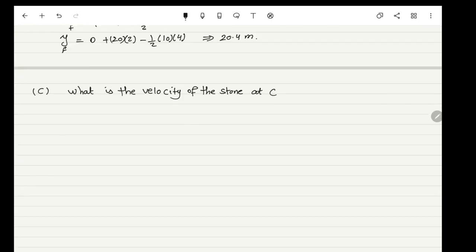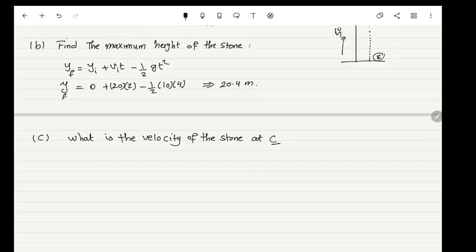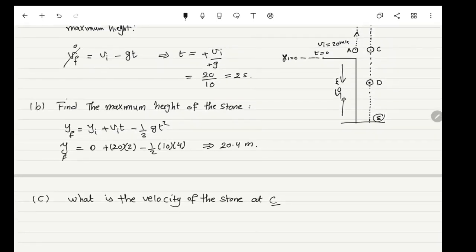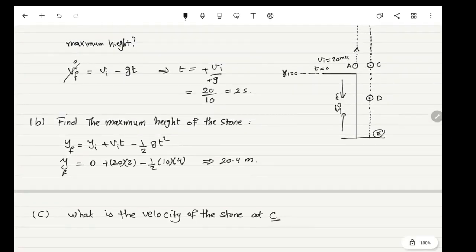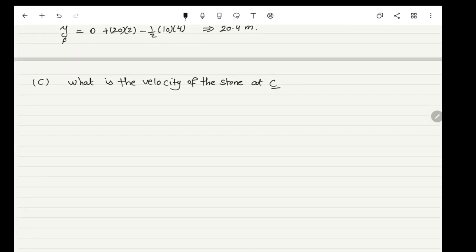What is the velocity of the stone at point C? Back to the example. C is at the same height as A, and we just mentioned before that it should have the same speed but a different direction. Now let's prove this using this equation: V final squared equals V initial squared minus 2G delta Y. V final squared, which is what we're looking for, equals 20 squared minus 2G delta Y, where delta Y is Y final minus Y initial.